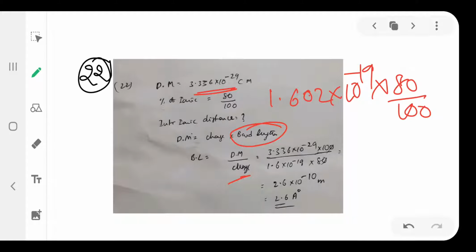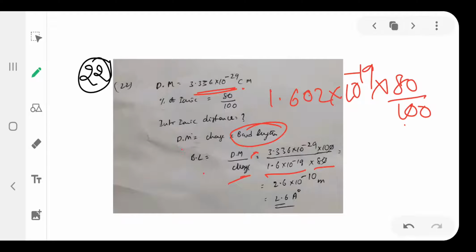The bond length is equal to the dipole moment divided by the charge: 3.336 into 10 power minus 29 divided by 1.602 into 10 power minus 19 into 80 divided by 100.